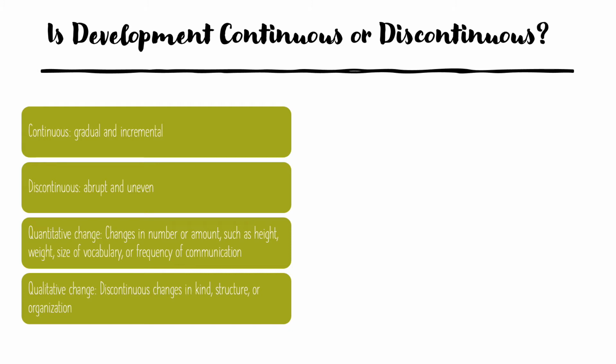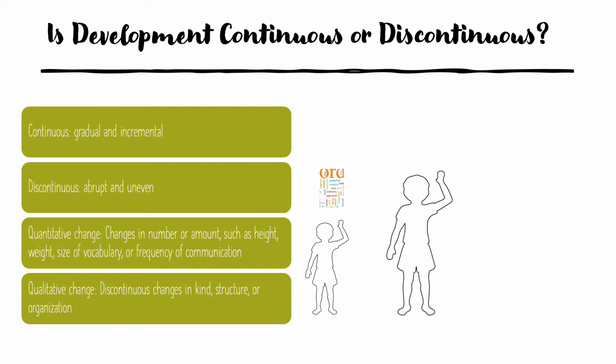Why is the distinction between development being continuous or discontinuous important? If you take a mechanistic view, we are more like machines. We see development as being gradual in incremental steps. So, in this view, you might suspect that you grow in incremental steps.